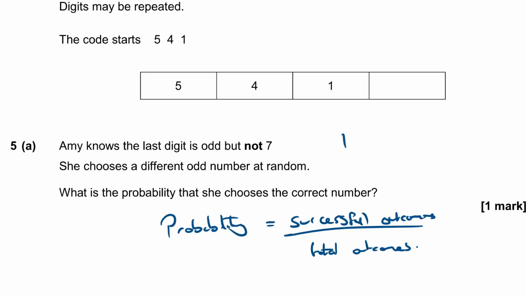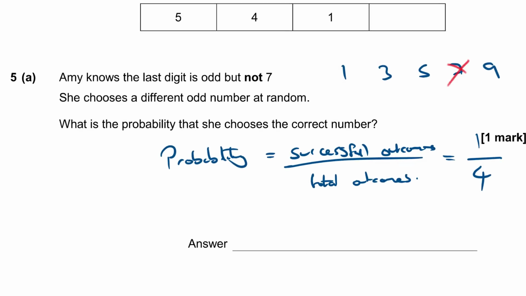The odd numbers are 1, 3, 5, 7, 9, but she already knows it's not a 7, so she's not going to randomly pick 7. She's going to randomly pick from 1, 3, 5 and 9. So she's got 4 possible outcomes, only one of which is going to unlock the door, so her probability of success is 1 out of 4, 1/4.